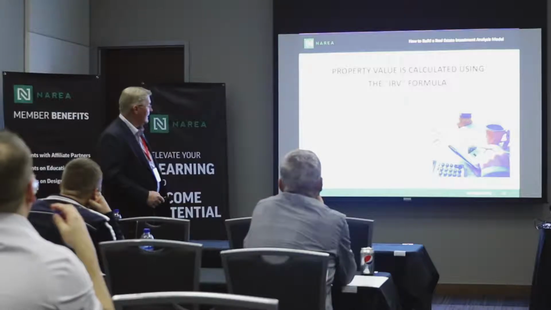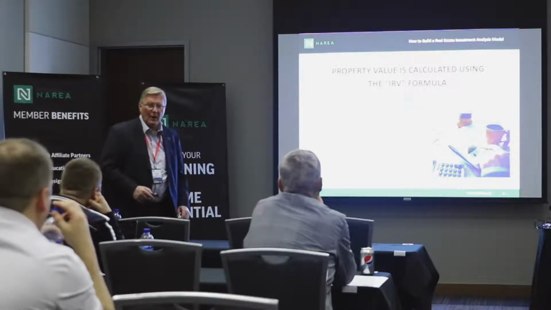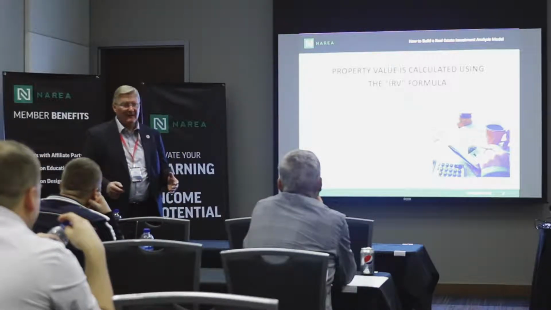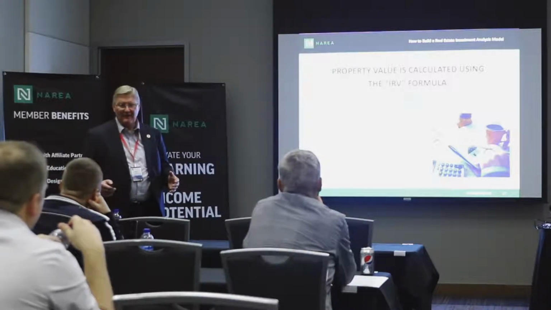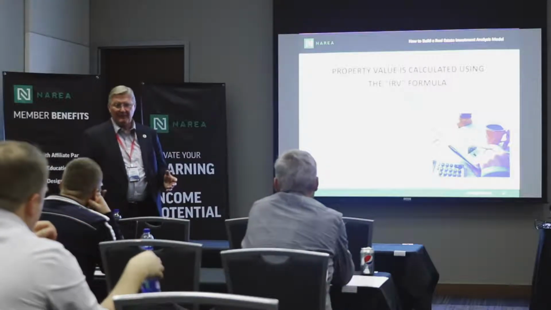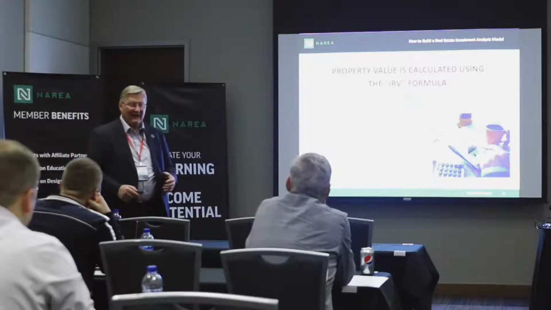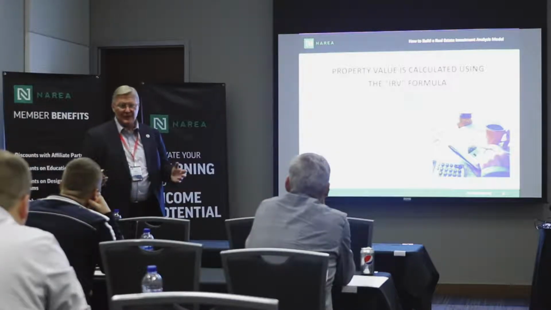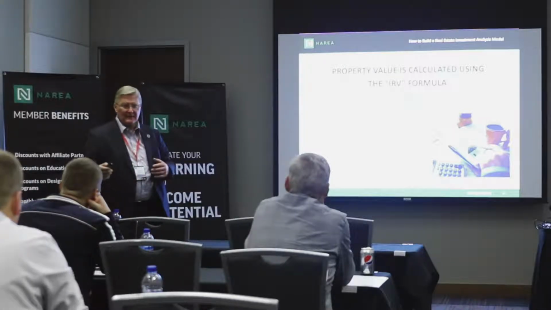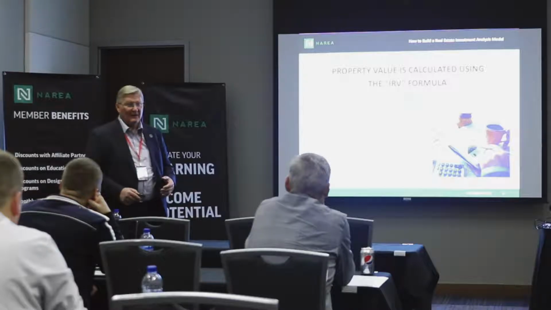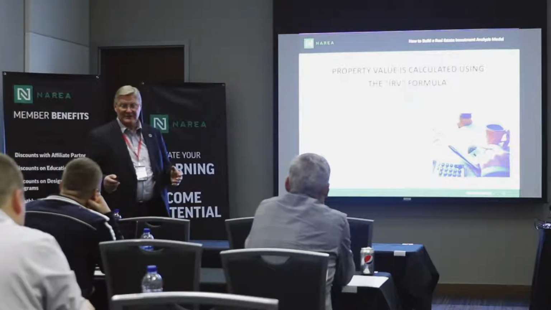A Walgreens, for instance, has a cap rate of about 5. Apartments have a cap rate of about 6, in that range. Family Dollar stores, Dollar General, Dollar Tree, those types of triple and double net lease properties usually have a cap rate of around 7.